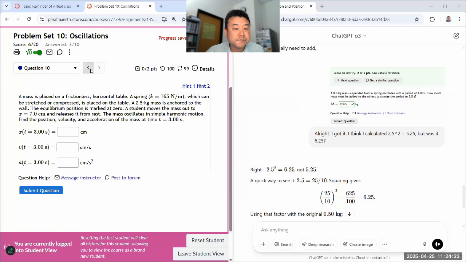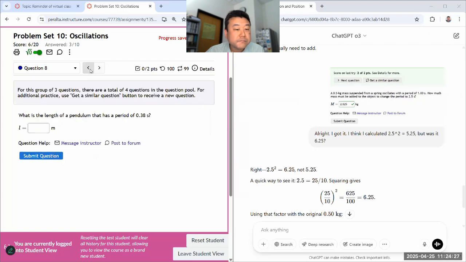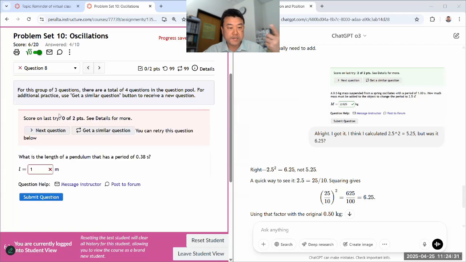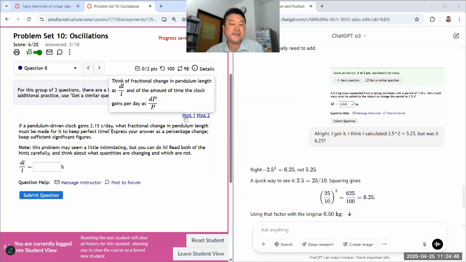Let's see. Maybe. I'm just gonna regenerate the question. Yeah, it's this question. So I guess one of the reasons why students didn't like my more brute force method could be that it's not the method that the hint guides you towards, because this was written by one of my colleagues and his approach was different from mine.